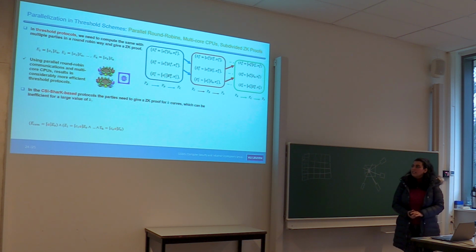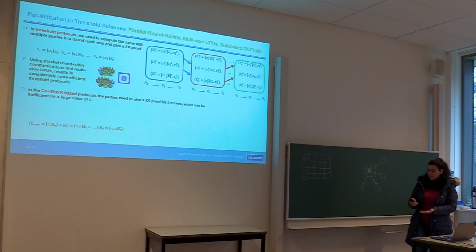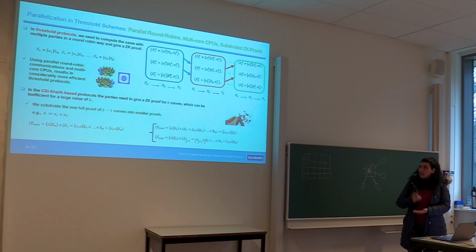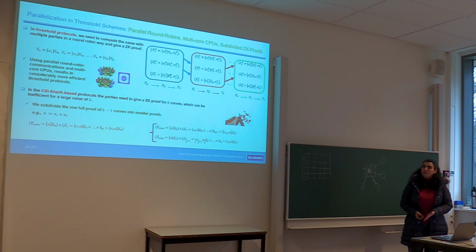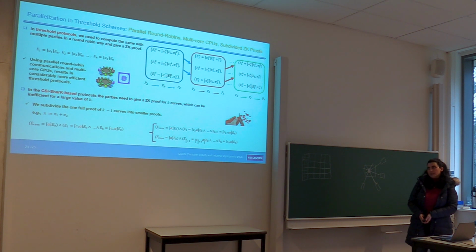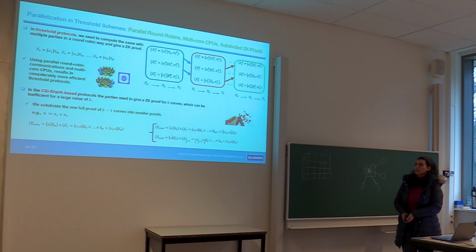So we found a way to chop this zero-knowledge proof into different zero-knowledge proofs, and the best optimal point at which we can chop it is square root of k. And then we can get better results.